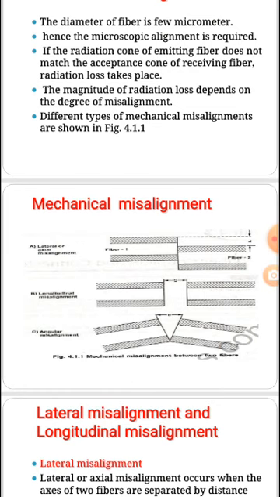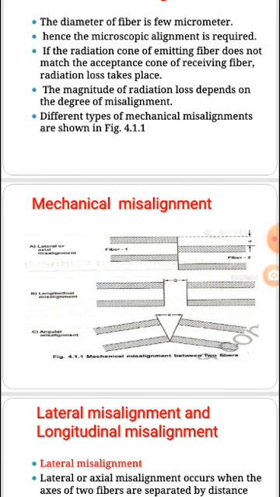That is denoted by theta, that is clearly shown here. And theta may be 1 degree or part of 1 degree, but that causes huge losses when you are joining two fibers together.